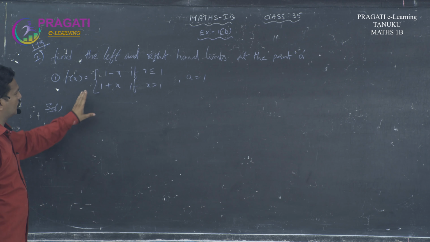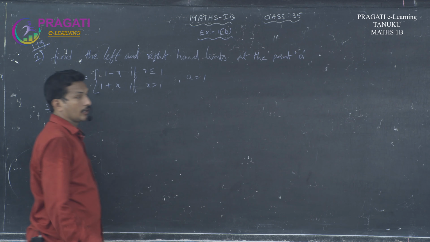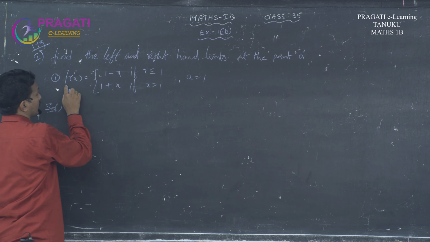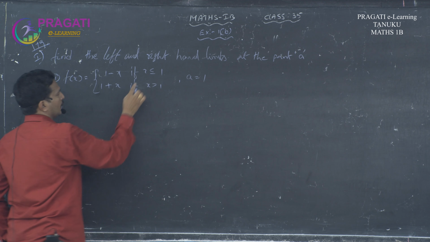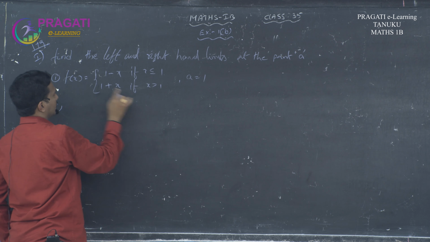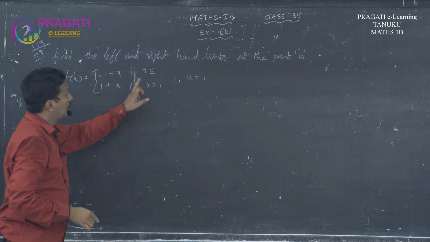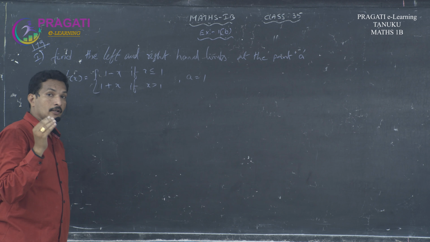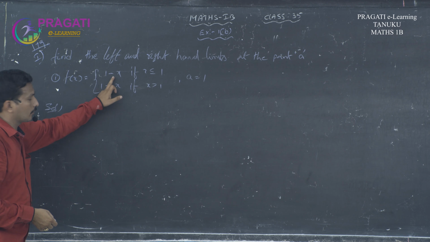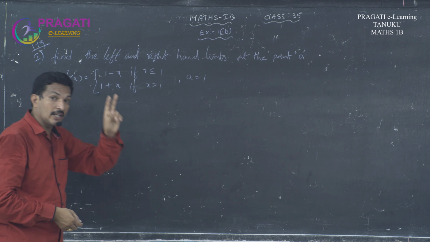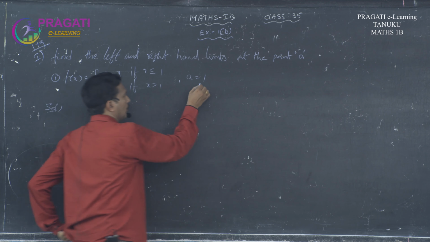Here the function is f of x equal to 1 minus x if x is less than or equal to 1, and 1 plus x if x is greater than 1, and a is equal to 1. That means if the x value is less than or equal to 1, either 1 or less than 1, then the function is taken as 1 minus x. If x is greater than 1, then the function is taken as 1 plus x. And here the value of a is 1.